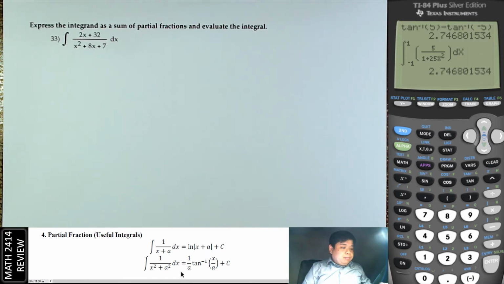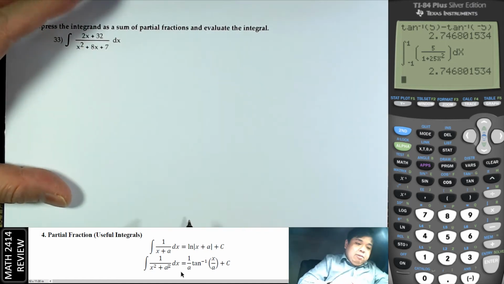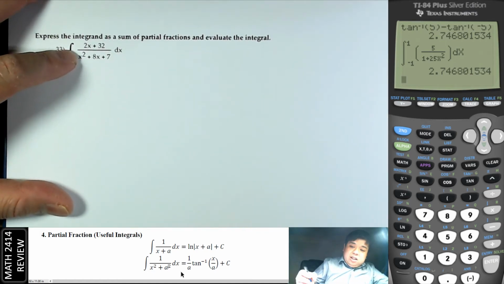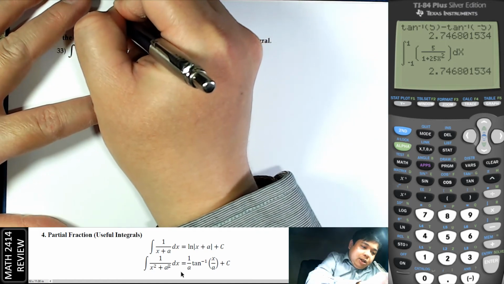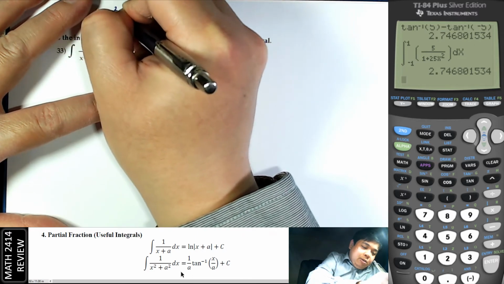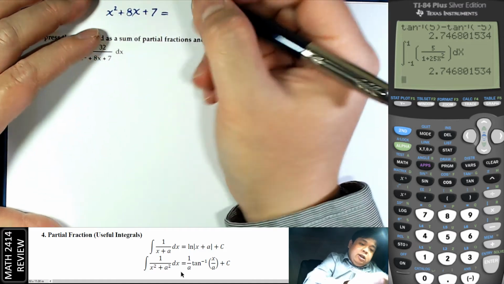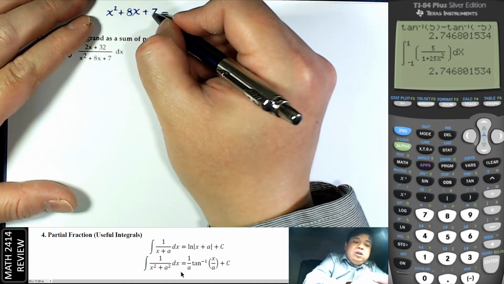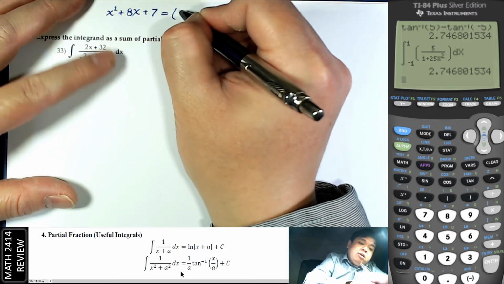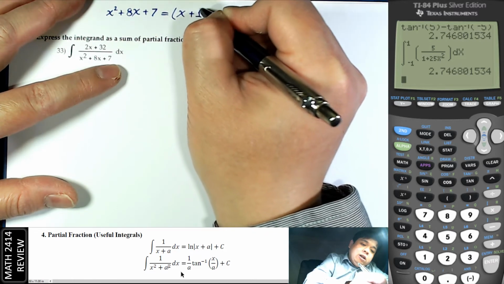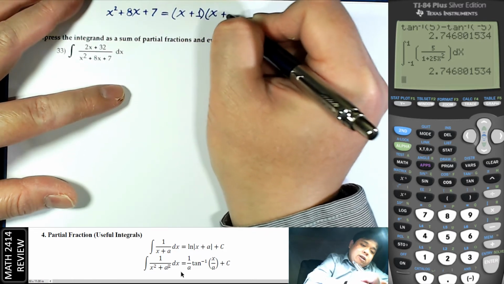All right. Now let's look at the first one. Let's factor x squared plus ax plus 7. Well, multiply to 7, we have 1 and 7, so that's pretty much x plus 1, x plus 7.